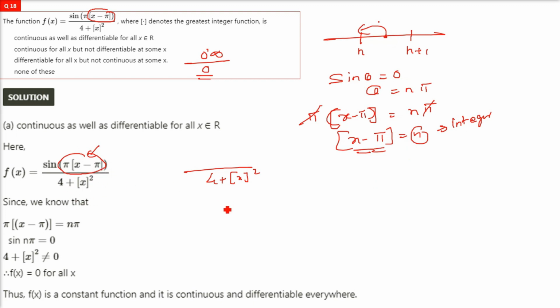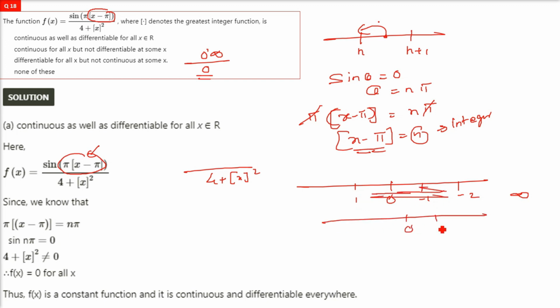But the denominator, 4 plus greatest integer function whole square, should not be equal to 0. The greatest integer function will always give you a value which is an integer, because in this graph, let me make it a correct graph, 0, 1, 2 like this, this is a number line.